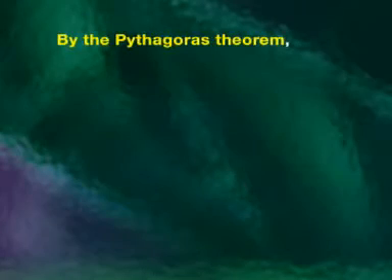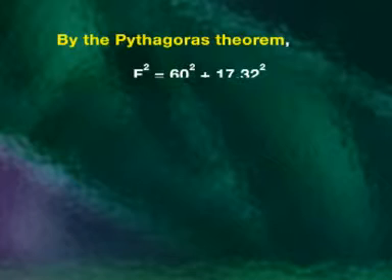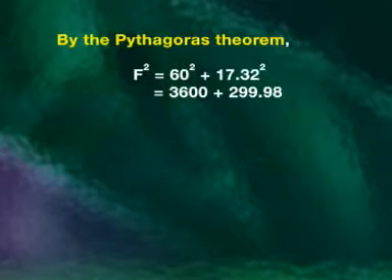Thus, continuing, we obtain the magnitude of the resultant F, whose components we have indicated. By the Pythagoras theorem, F squared equals 60 squared plus 17.32 squared. This equals 3,600 plus 299.98.